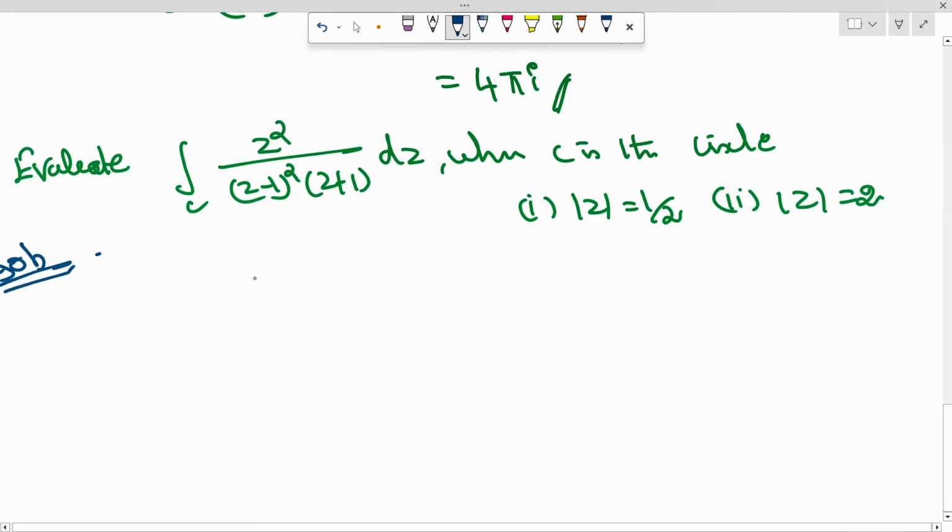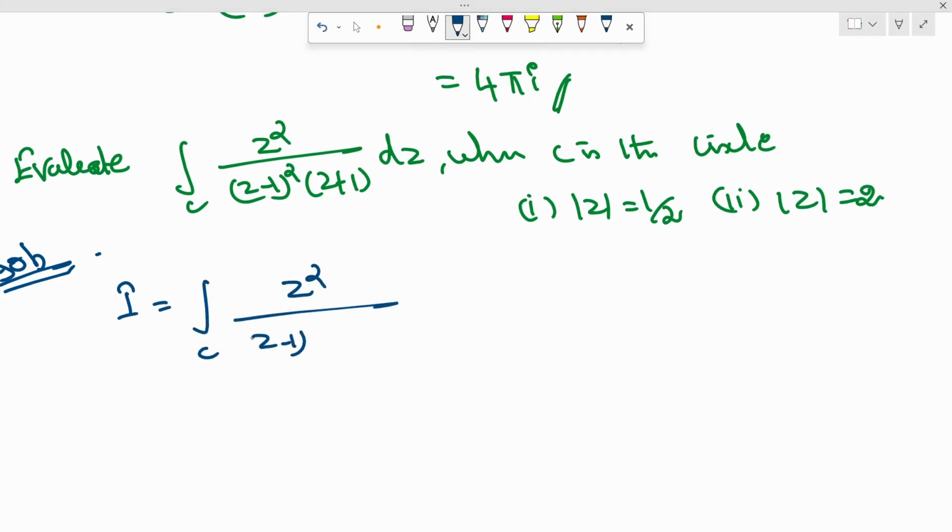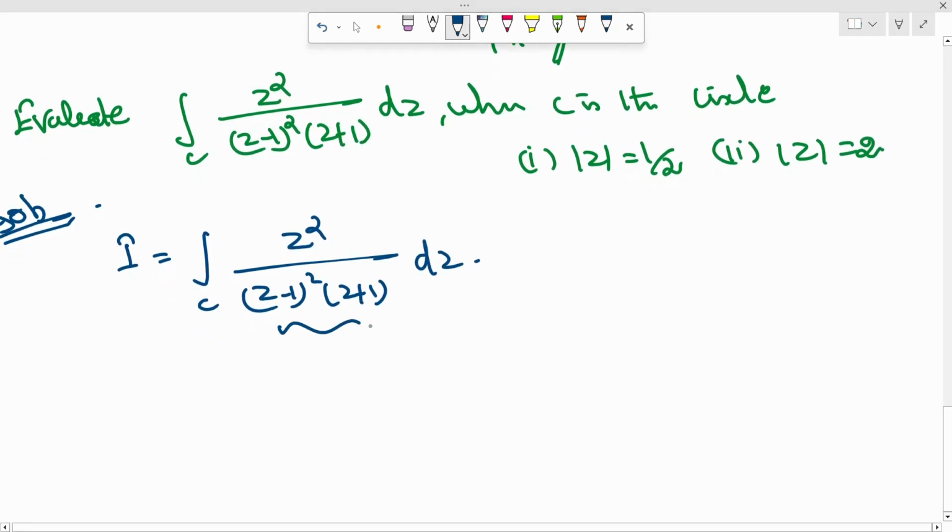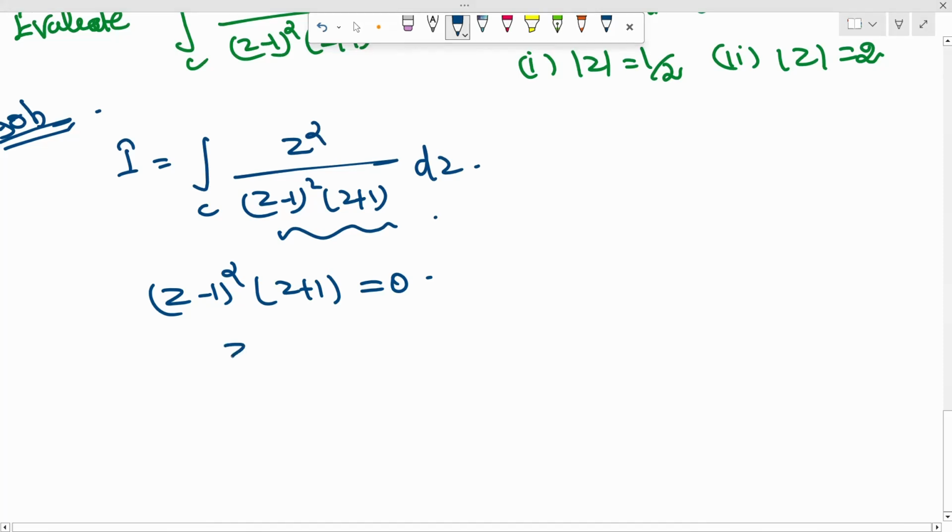In step 1, find the poles. The given problem is z squared by (z minus 1) whole squared into (z plus 1) dz. Equate the denominator to 0: (z minus 1) whole squared into (z plus 1) equals 0. Now we can write z equals 1 and minus 1. Here z equals minus 1 is a simple pole, because the power value is 1.